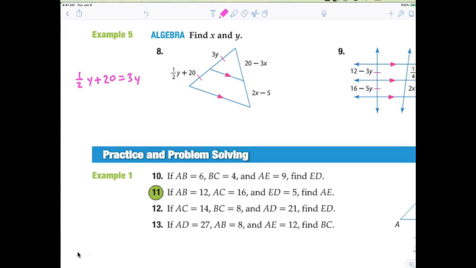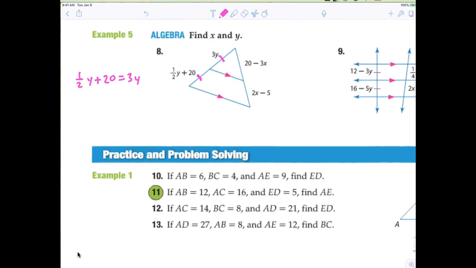So we're going to solve this. Y equals 8. How do you know it's a mid-segment? Because it's showing you this is equal to this. A quick way, if you don't like the 1/2, is you can just multiply by 2.